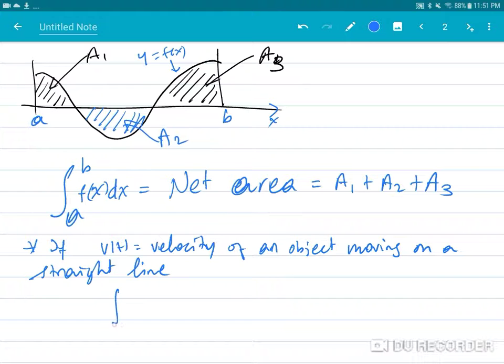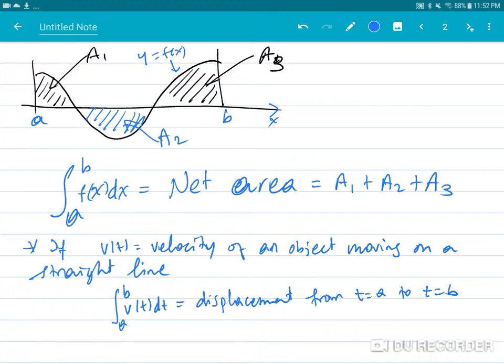And when you integrate from a to b of v of t dt, what you get is the displacement of the object from time t equals a to time t equals b.